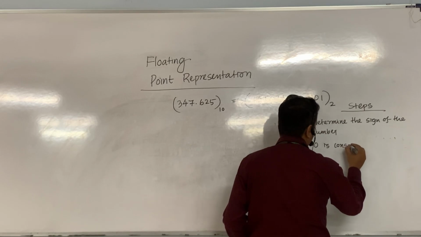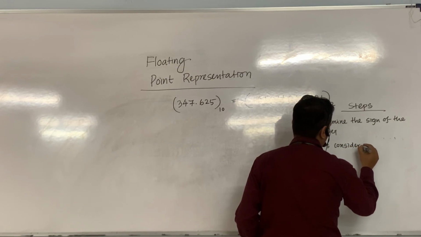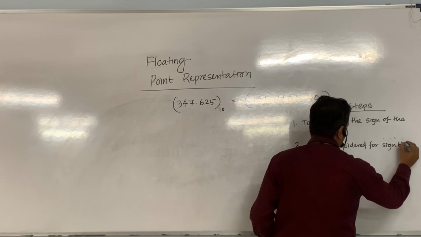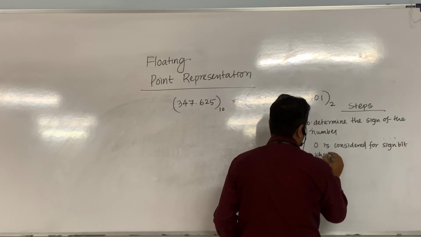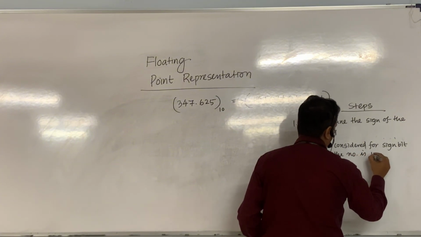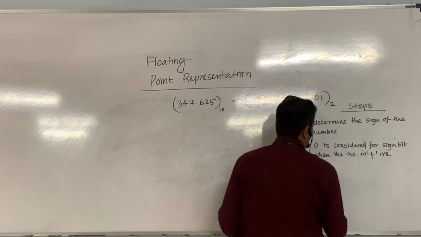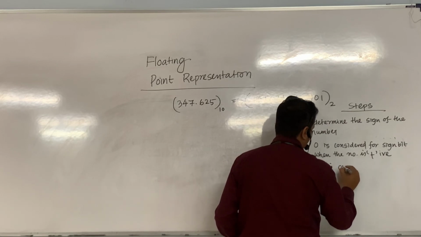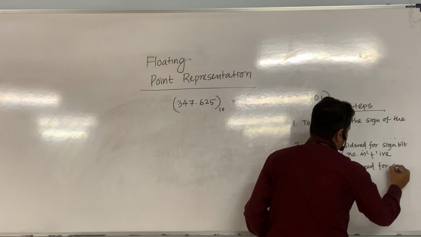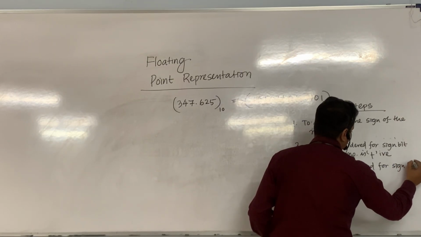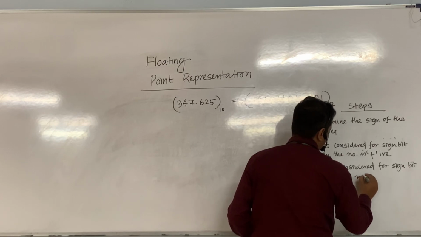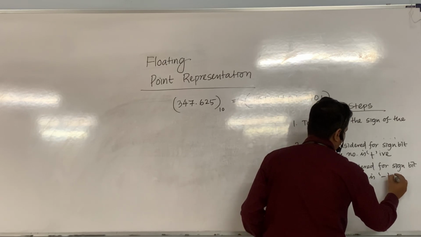So 0 is considered for the sign bit when the number is positive, and 1 is considered for the sign bit when the number is negative.